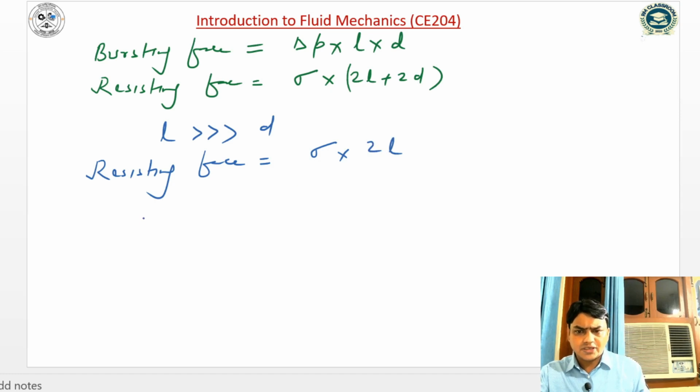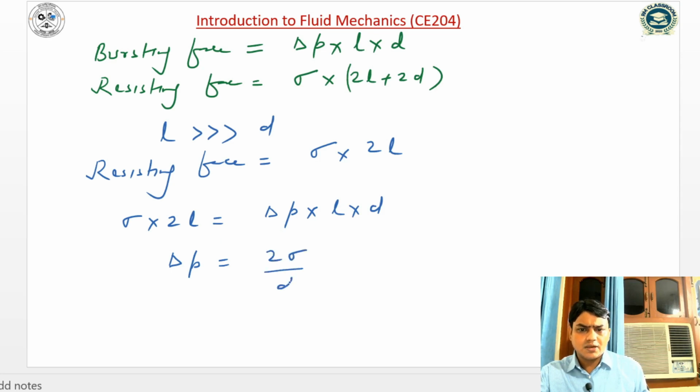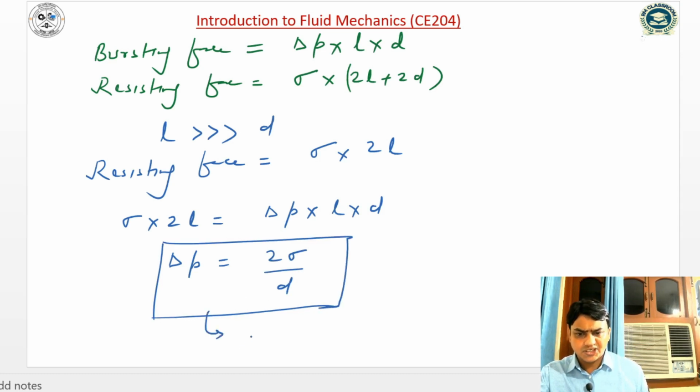If I equate this resisting force, sigma into 2L is equal to delta P into L into D. So here delta P is equal to, L L cancel, 2 sigma divided by D. So this is the change in pressure in liquid jet. Once again, sigma is the surface tension, D is the diameter of the liquid jet.